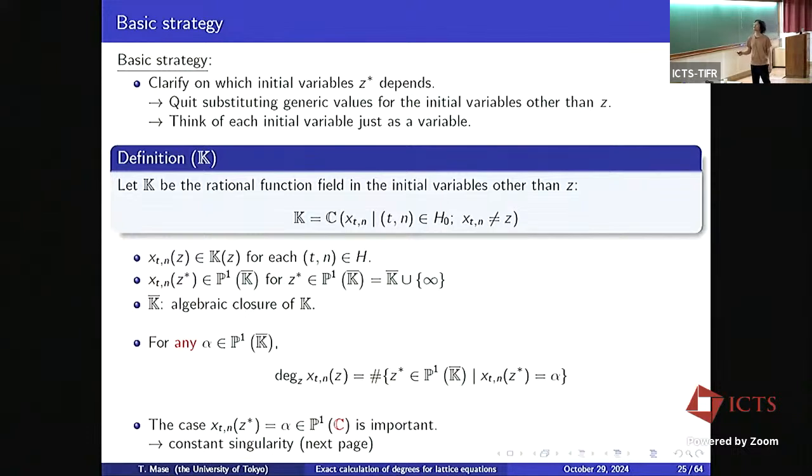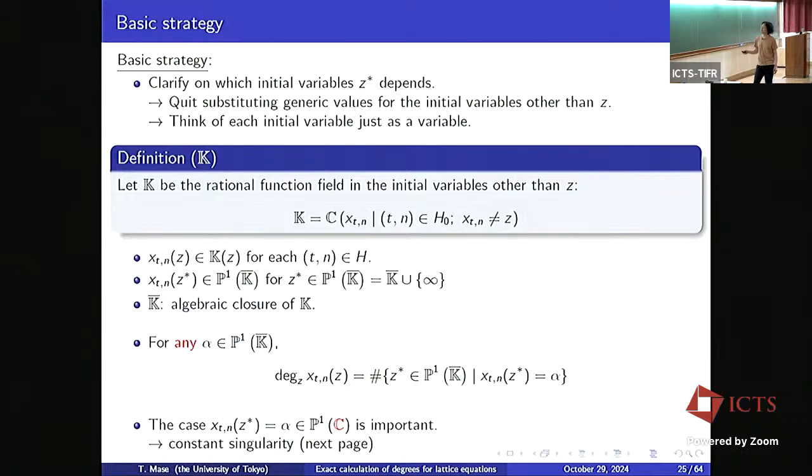Okay. So we introduce K. K is the rational function field in the initial variables other than Z. Then in this setting, xtnz belongs to this field, the field of rational functions in Z with coefficient K. But we have to work on an algebraically closed field, so we have to work on K bar, the algebraic closure of K. Then we substitute some value, meaning Z star belongs to P1 K bar.